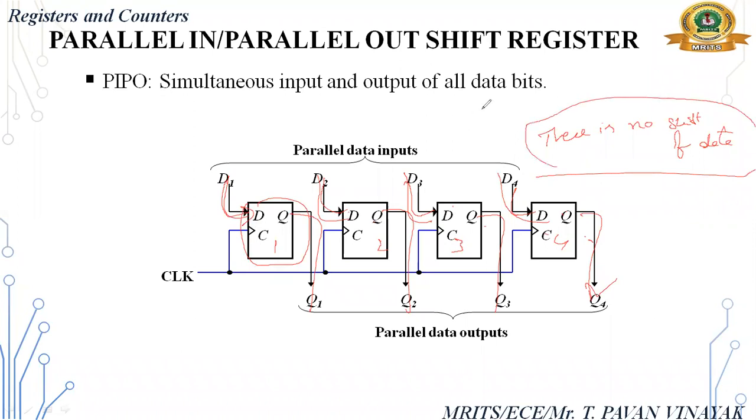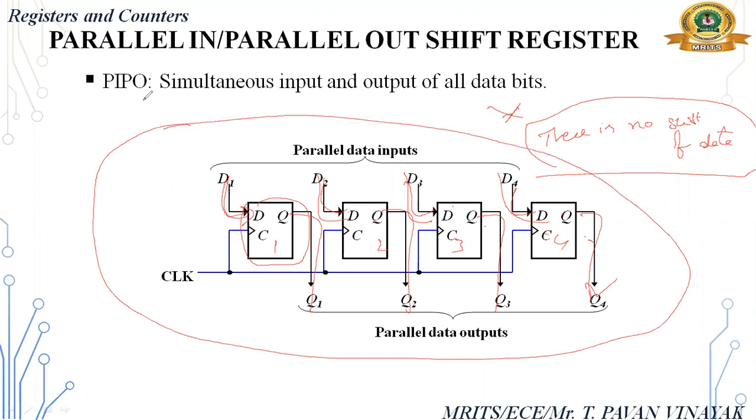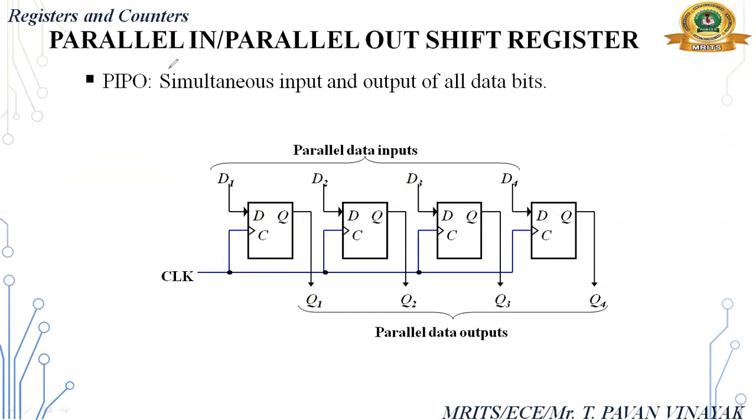So this type of register configuration is called loading. This process is called loading because we are loading data into flip-flops, means we are loading data into registers. Mostly the parallel in condition is referred to as loading data.